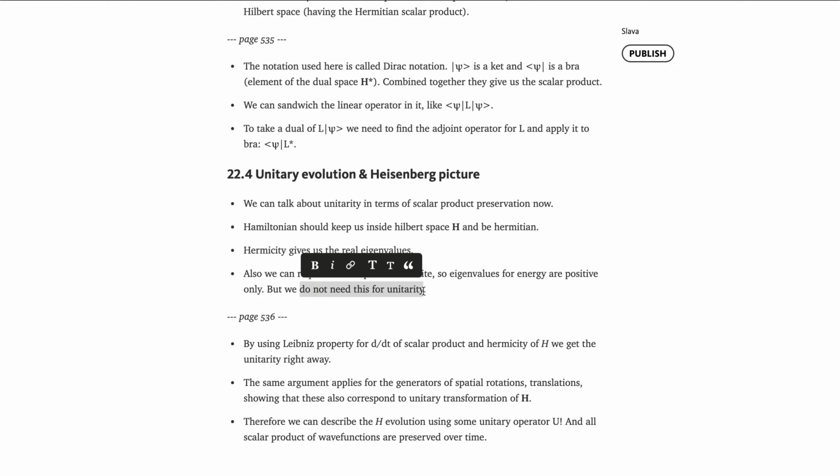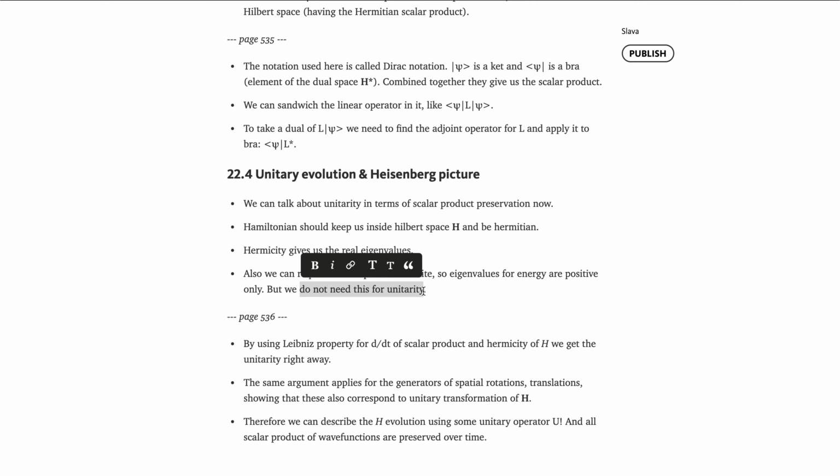By using the Leibniz rule and the Hermiticity of the H operator, we can subtract those two parts and obtain 0 at the end. So basically we can prove that the scalar product of two wave functions under infinitesimal evolution will not change. Those will be preserved.